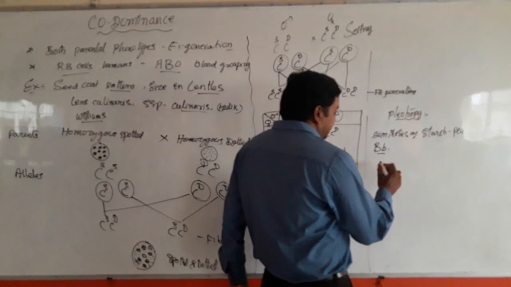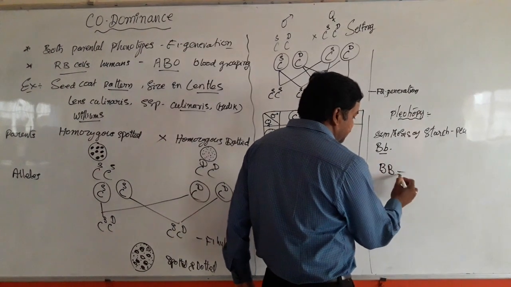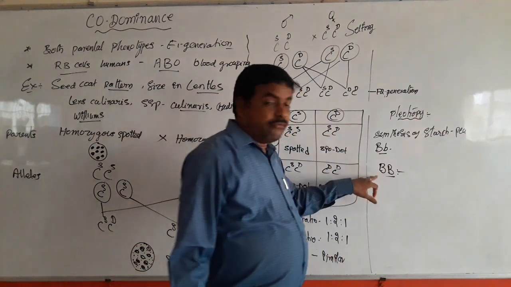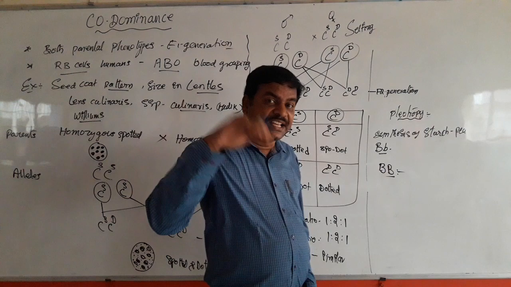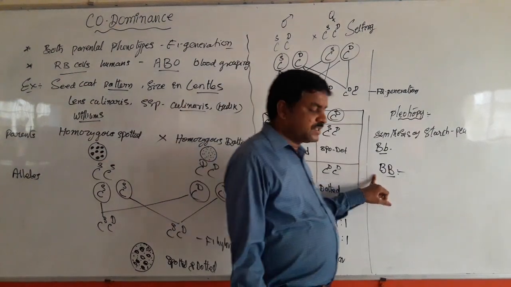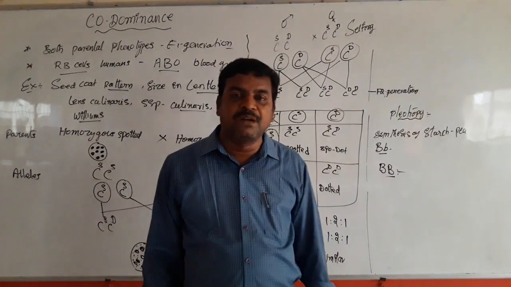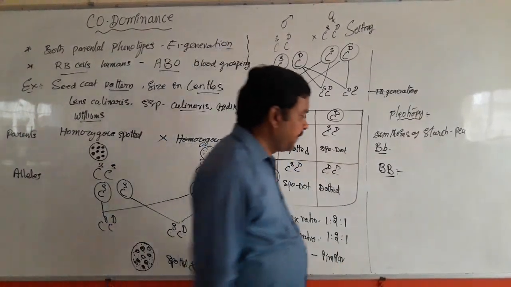When these alleles are present in a homozygous dominant condition, capital B, they are responsible for the expression of three characters.